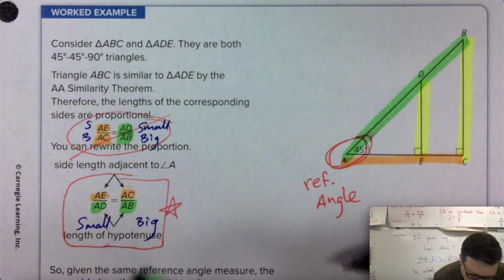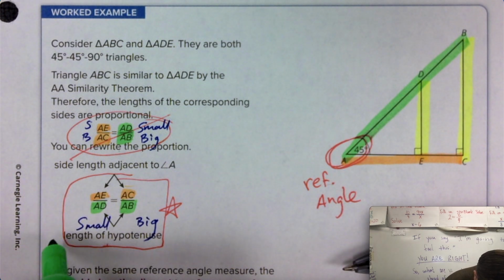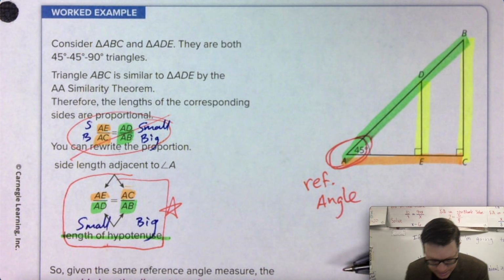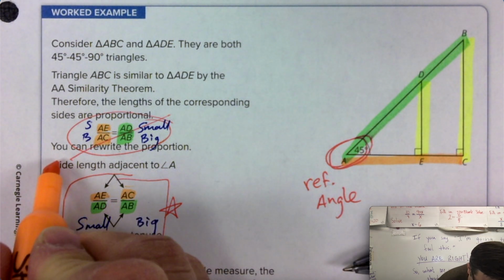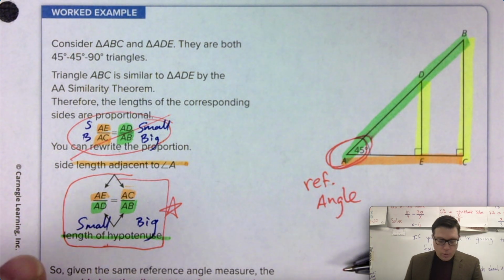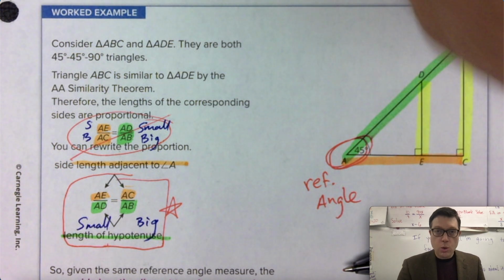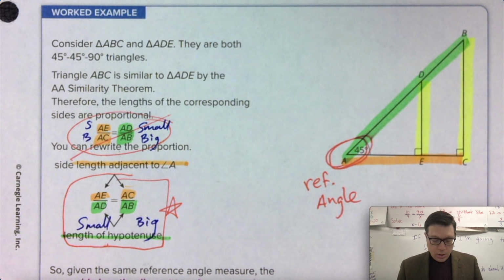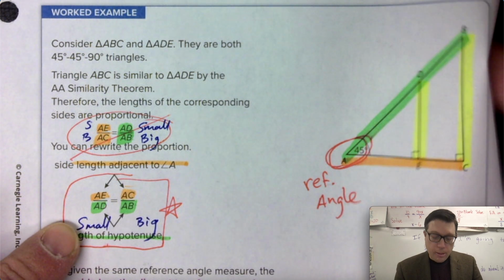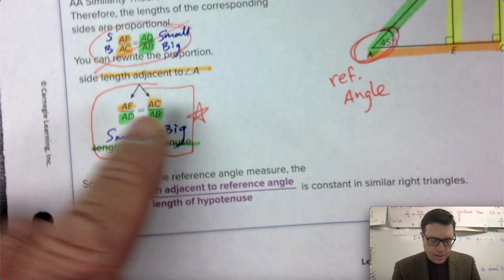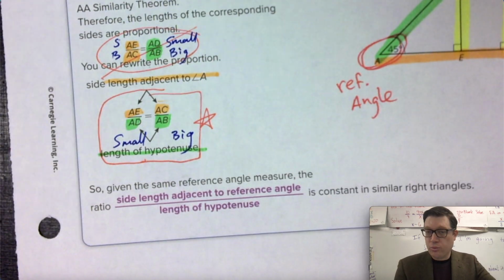I do notice they say length of the hypotenuse, so I'm going to highlight that green. And they say the side length adjacent to A. This is going to be the much more preferred way to write your proportions, where within the small triangle you write a fraction, a ratio. Within the big triangle you write the equivalent ratio.